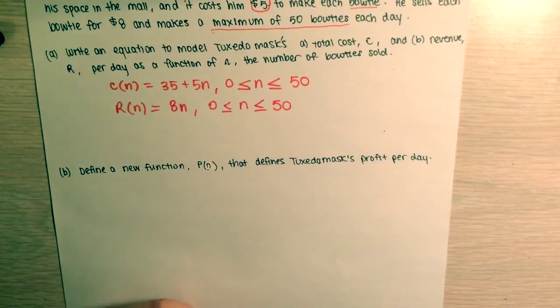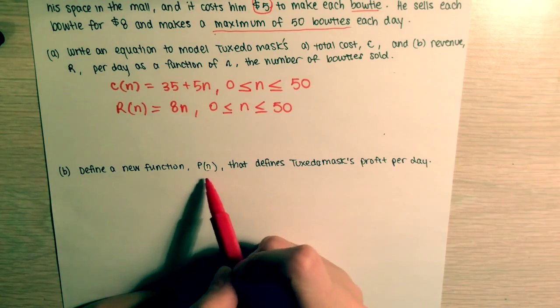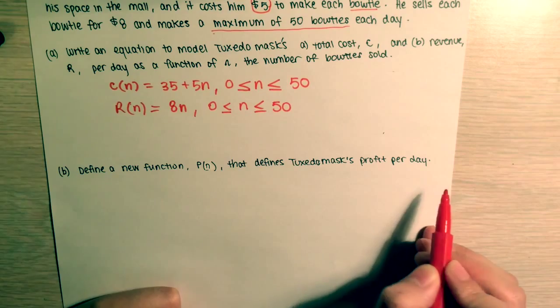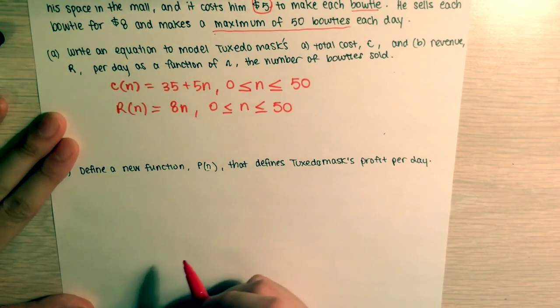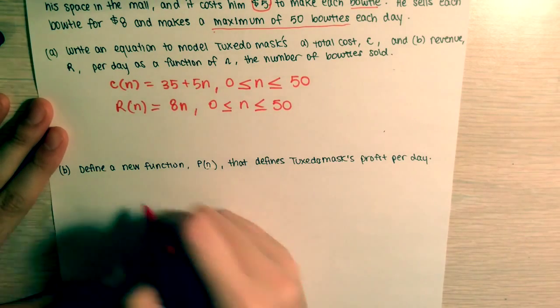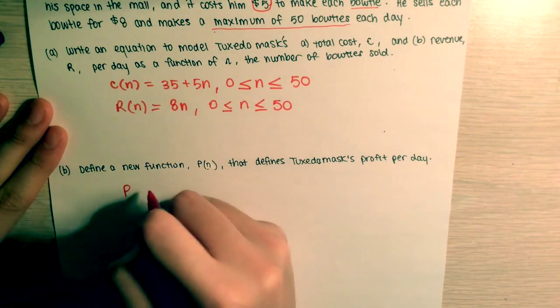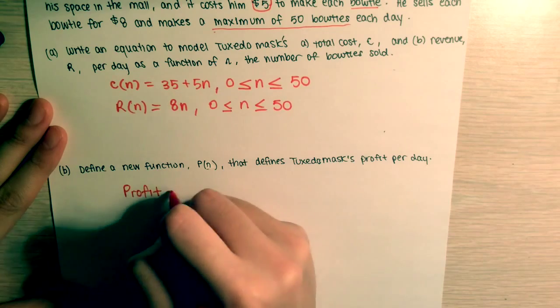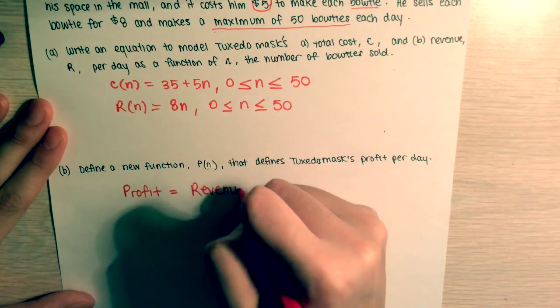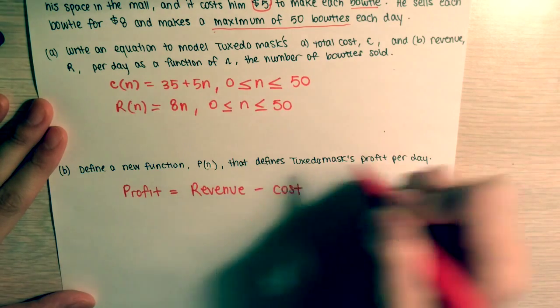The next question says define a new function P of n that defines Tuxedo Mask's profit per day. So thinking back to grade 11 functions, profit is equal to the revenue minus the cost.